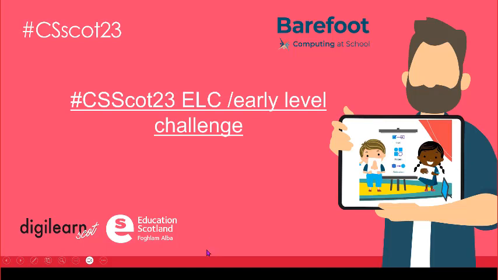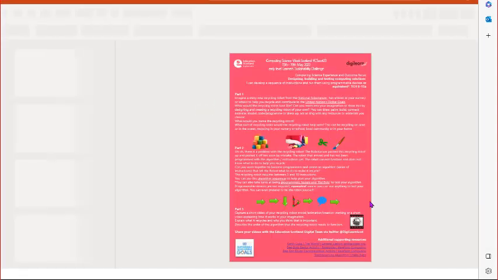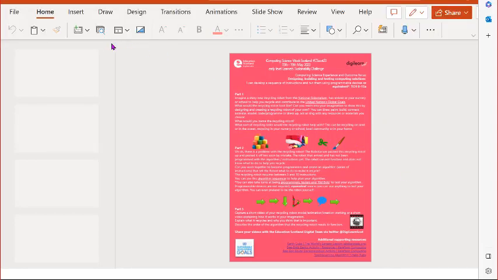But just before we finish up, I wanted to draw your attention to the challenge for our early level learners that I mentioned at the very start of the session. Just give that a wee second and I shall zoom in and let you see it. But essentially it's a really open-ended challenge.